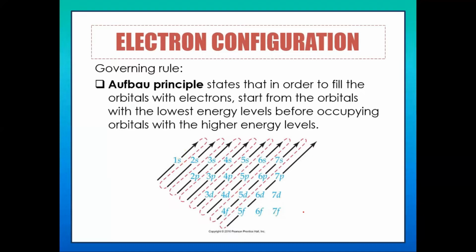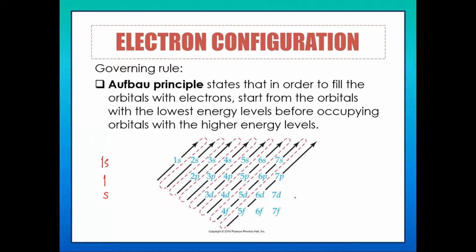Okay, so you also see here orbitals like 1s. The orbital comprises the main energy level, as you've learned from our previous discussion, and the sublevel. So the main energy level here for 1s is 1, and the sublevel is s. The other sublevels include p, d, and f orbitals.